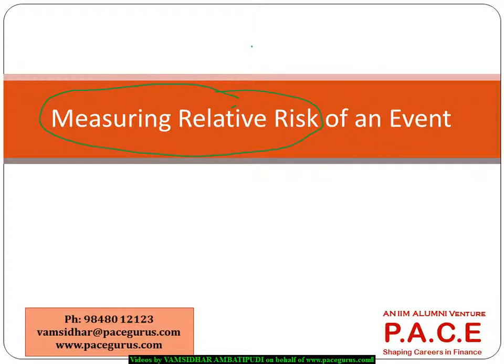As a quick example, sometimes I want to know whether a person with high blood pressure will have high chances of getting a heart stroke, or probably a person with high levels of blood sugar has high chances of getting some other disease.